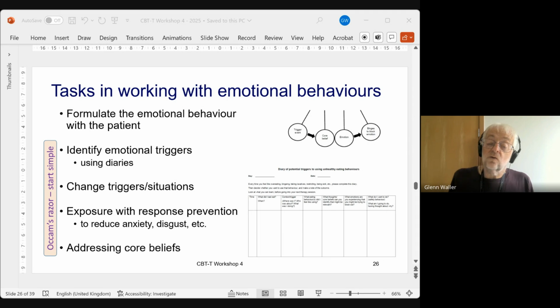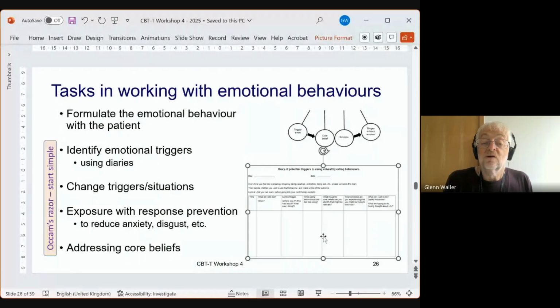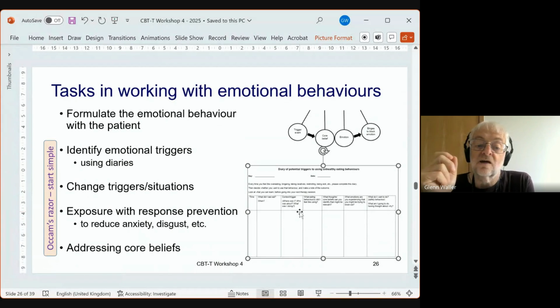So in order to help with that, we go to diaries. There's a version of this diary on the website, so you can get hold of it there. Here we've got a diary of potential triggers to using unhealthy eating behaviors. You'll notice, like most diaries, it asks what the time is and when I last ate, so we can be sure it's not about starvation.